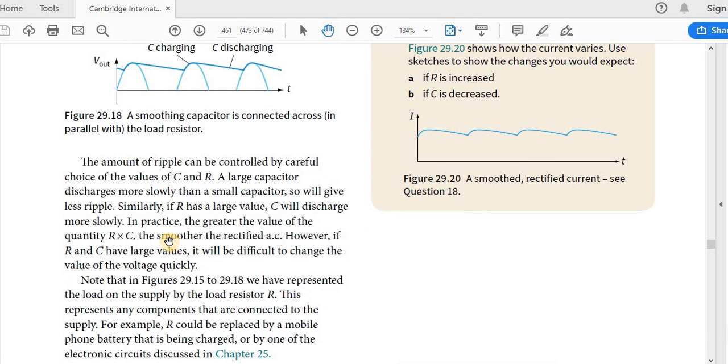However, if R and C have large values, it will be difficult to change the value of voltage quickly.